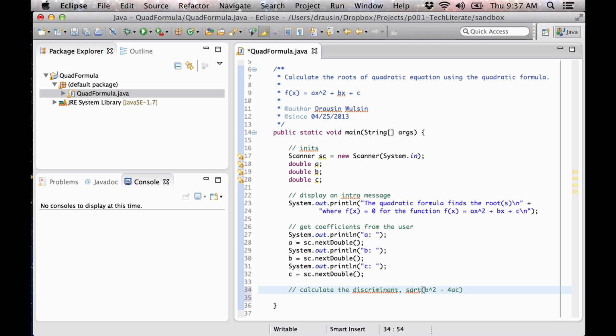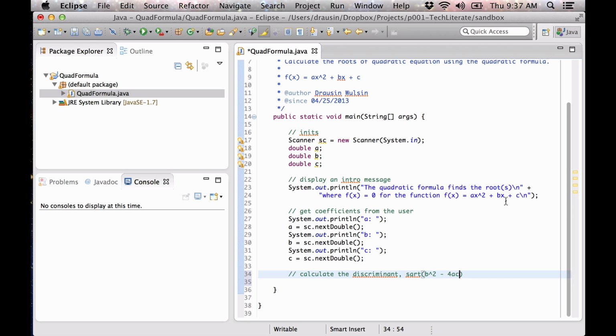And this basically determines the number of roots and the type of roots, whether they're real or imaginary, of our quadratic equation. It's basically the thing that indicates where the parabola is in space, and whether or not it crosses the x-axis 0 times, 1 time, or 2 times.